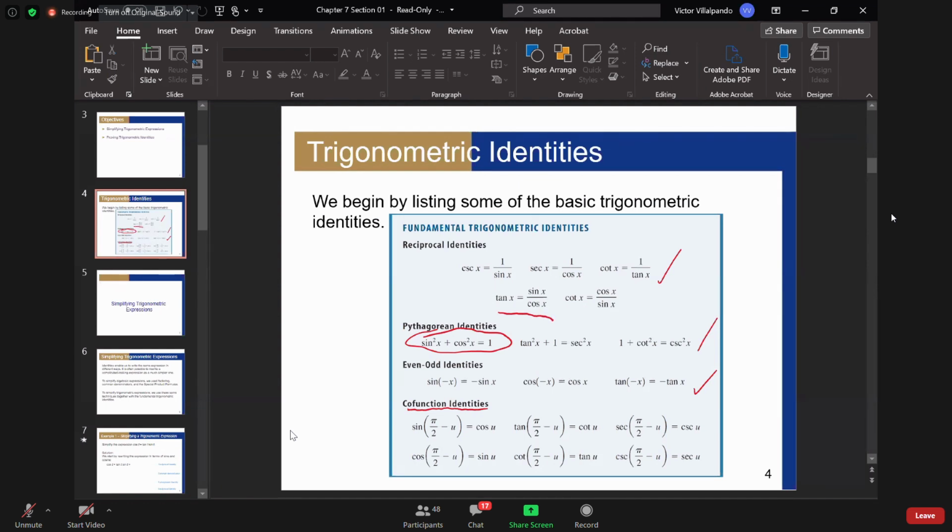Is it possible to rewrite tangent as sine over cosine? Yes or no? Don't they say tangent is equal to sine over cosine? Haven't I mentioned more than once that tangent is the ratio of sine over cosine?